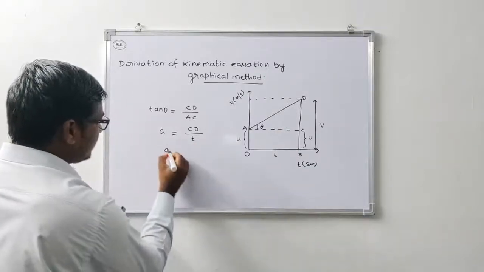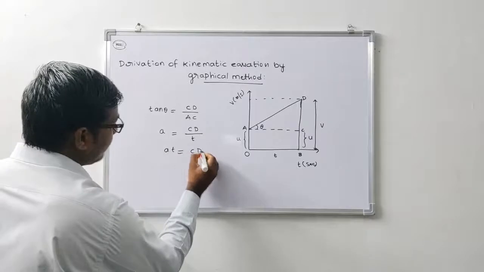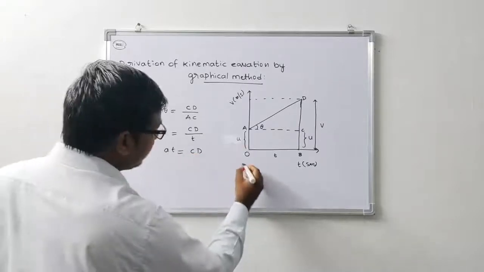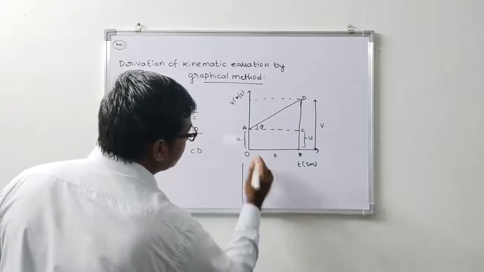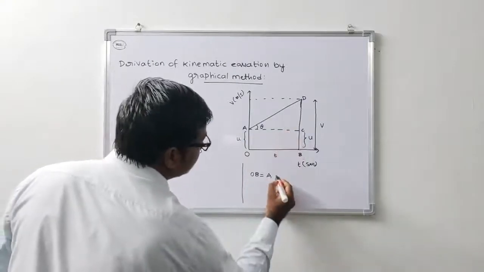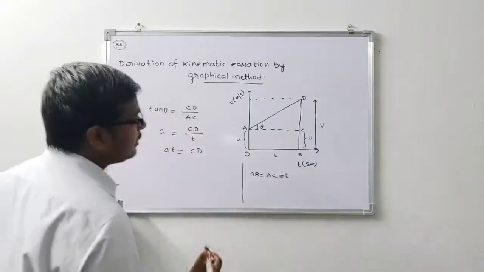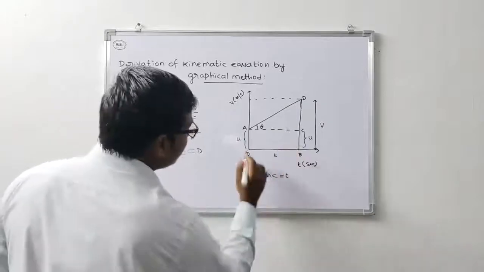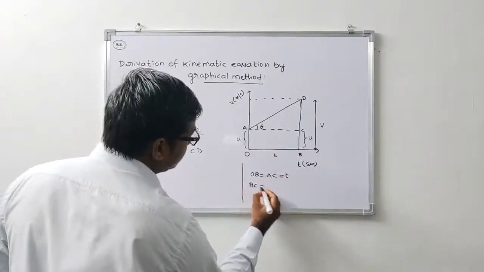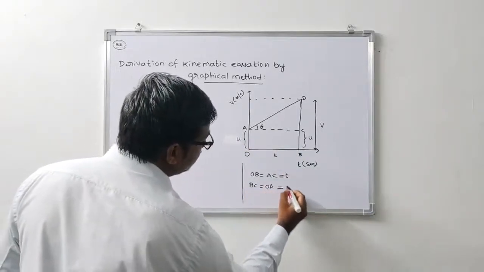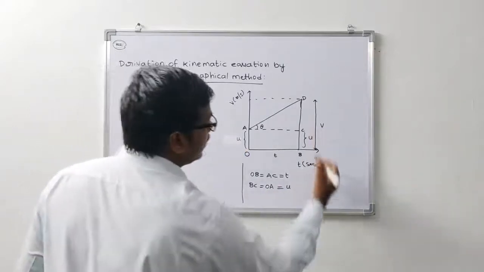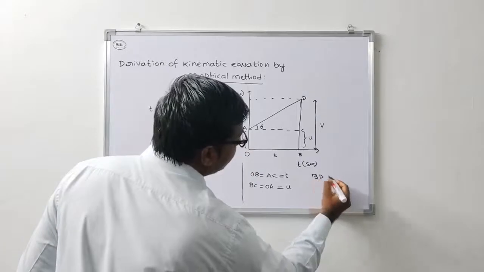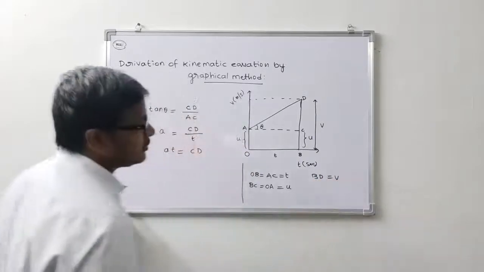Cross multiplication, AT is equal to CD. In this figure, OB is equal to AC is equal to time taken. BC is equal to OA is equal to initial velocity u, and BD is equal to v.